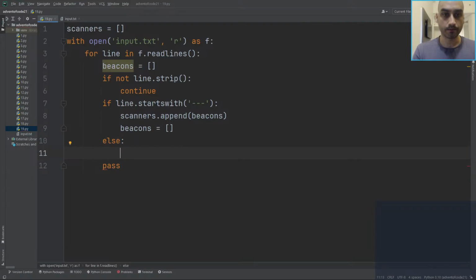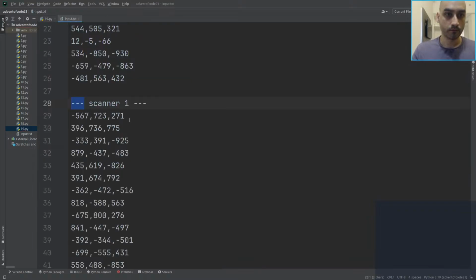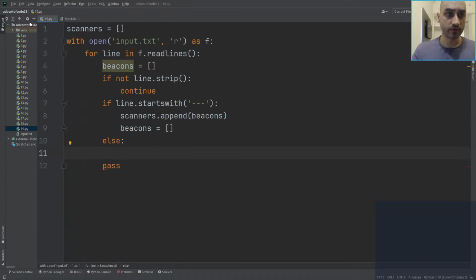Otherwise, we probably want to use... Do I want to use a pos class? The problem is the pos class specifies X, Y, and Z, and in this case it's actually indeterminate.